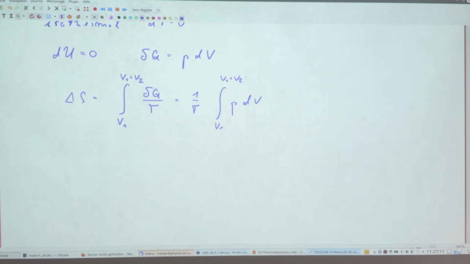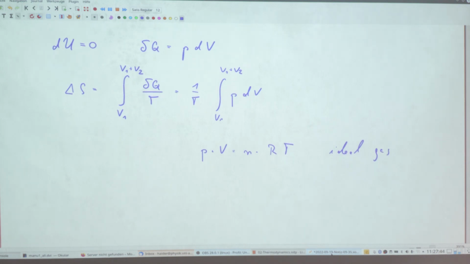With this, the law of gases holds: PV equals nRT, where n is the number of moles, R the gas constant, and T the temperature in Kelvin.